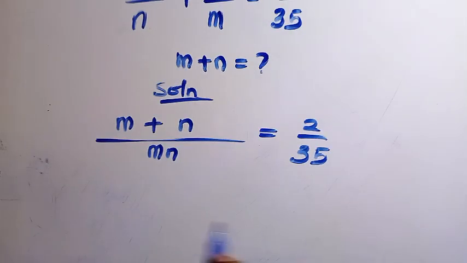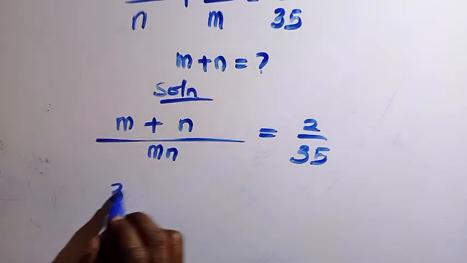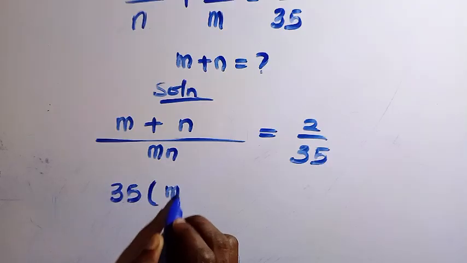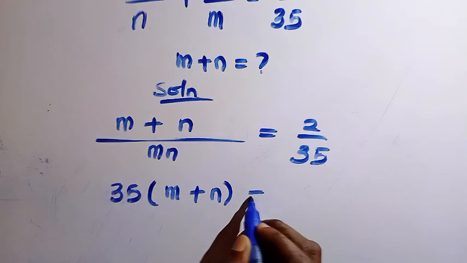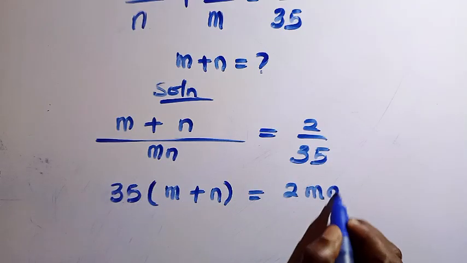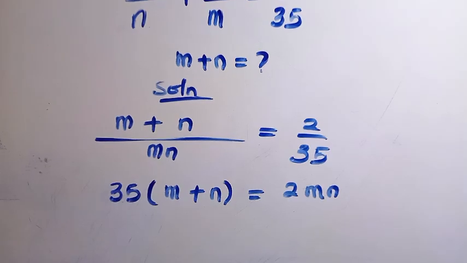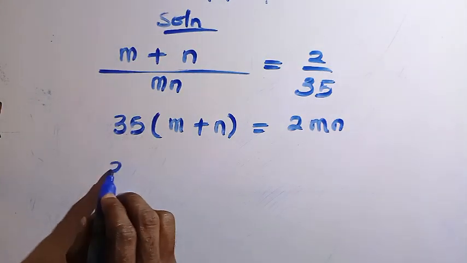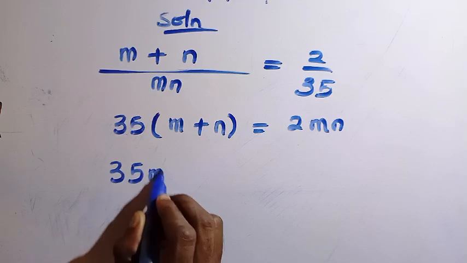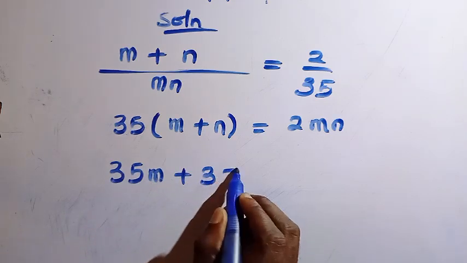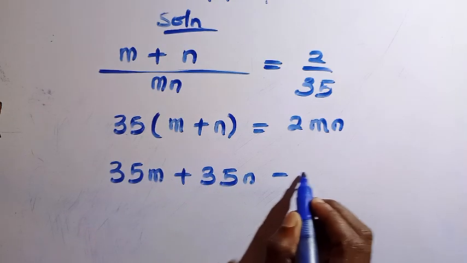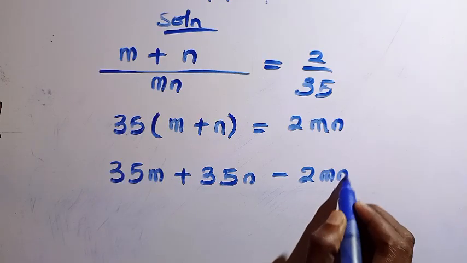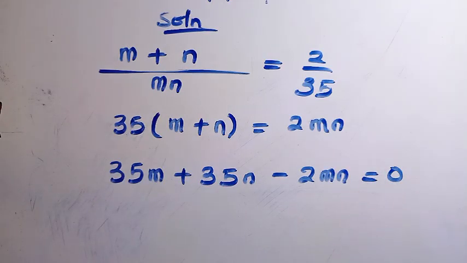By cross multiplying, we have 35 multiplied by (m plus n) equals 2mn. Let's open this bracket with 35. So here is 35m plus 35n minus 2mn equals 0.